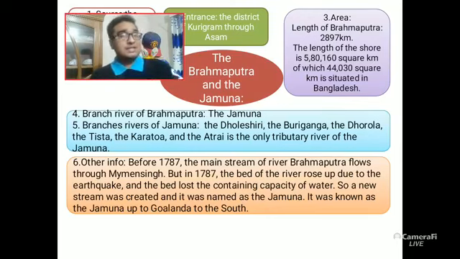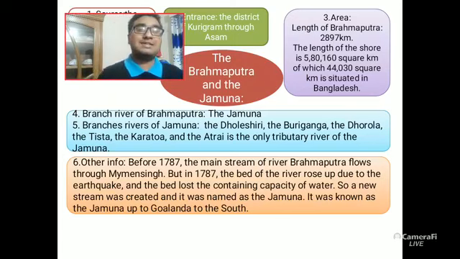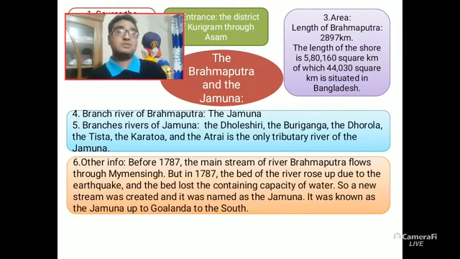But in 1787, the bed of the river rose due to the earthquake, and the bed lost the containing capacity of water. That means in 1787, a severe earthquake happened.